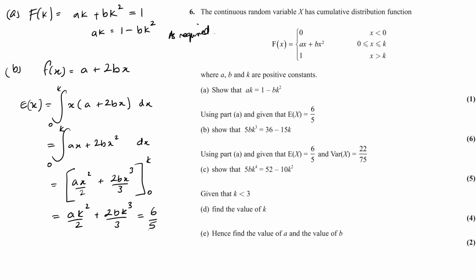No. We need to multiply through basically by 30, aren't we? You can do it in one go then. So multiplying by 30, I would have 15ak squared plus, that'd be 10, so 20bk cubed, and 30, so 6, 36.